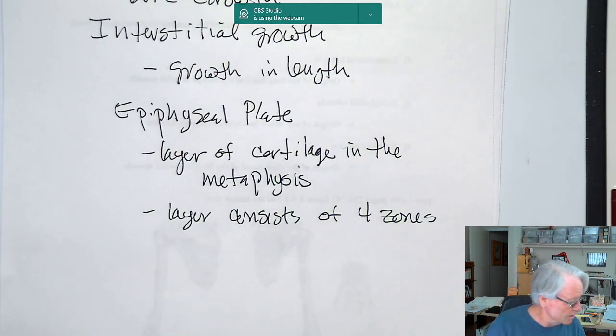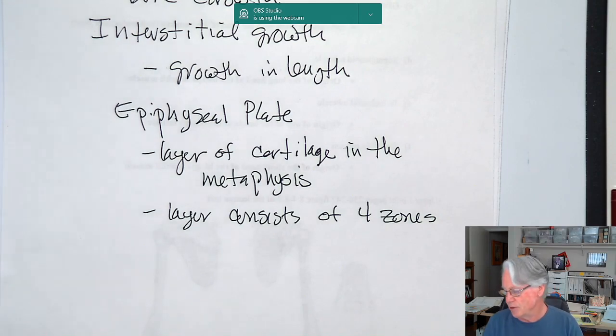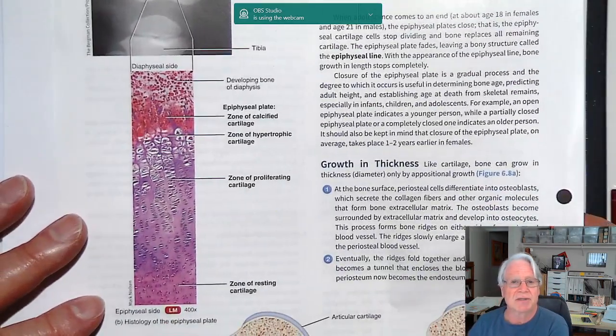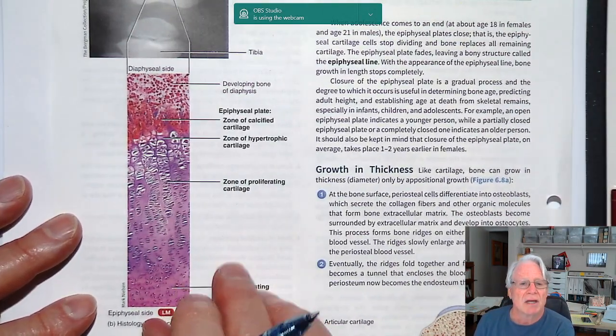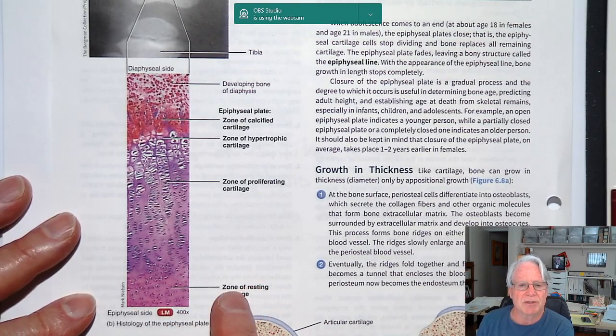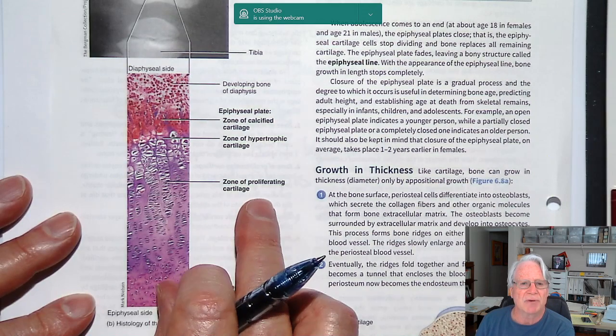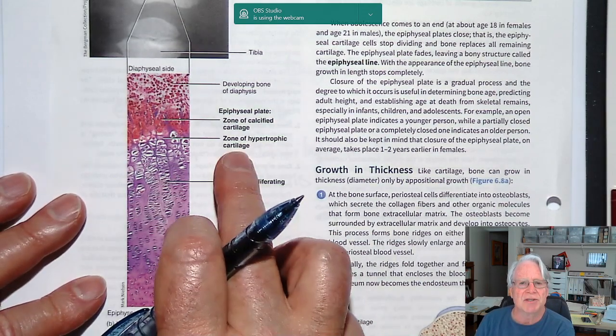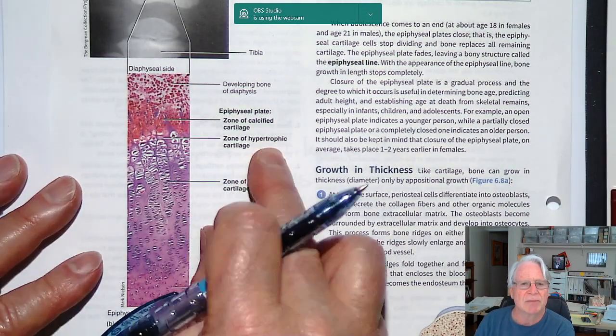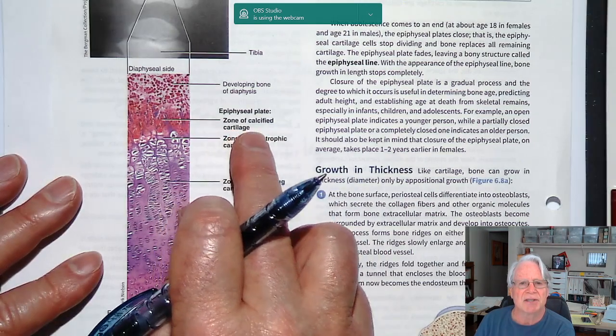And let's go ahead and start with an image, and then we'll describe these zones. So here are the zones. Starting here at the bottom, we're going to talk about the zone of resting cartilage, the zone of proliferating cartilage, the zone of hypertrophic cartilage, and the zone of calcified cartilage.